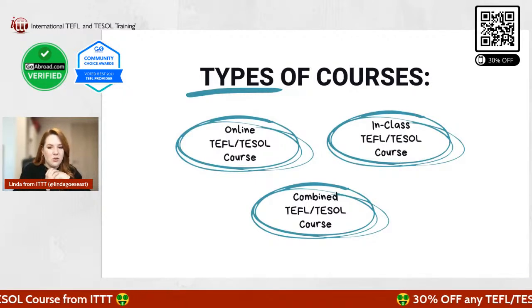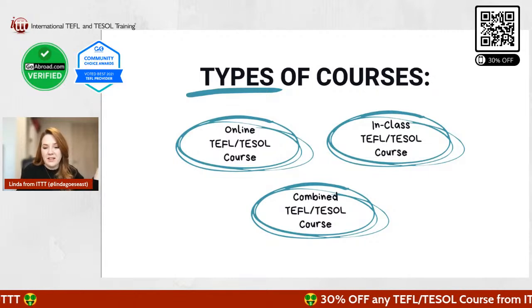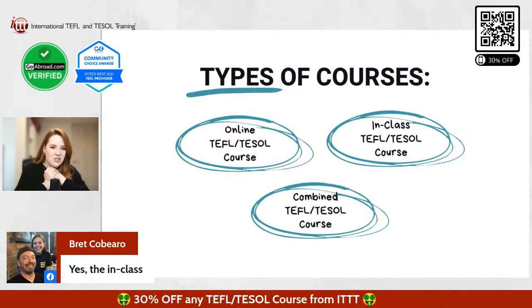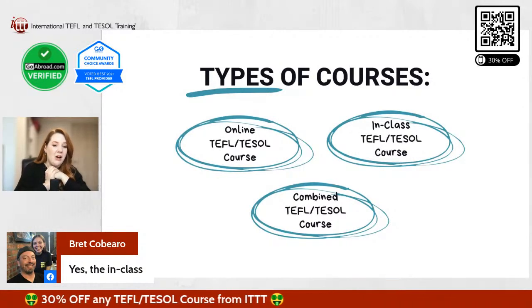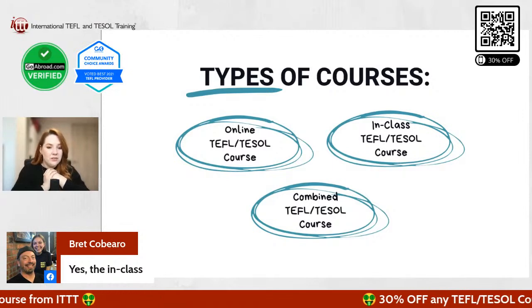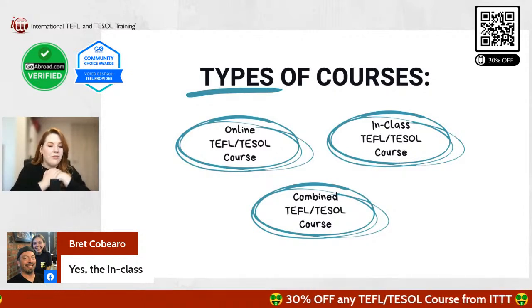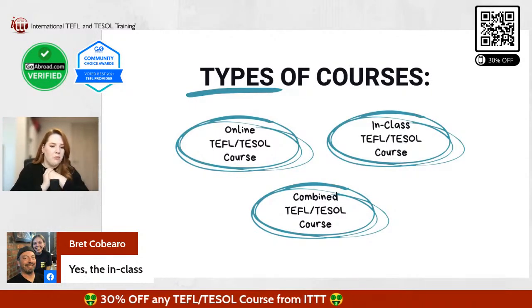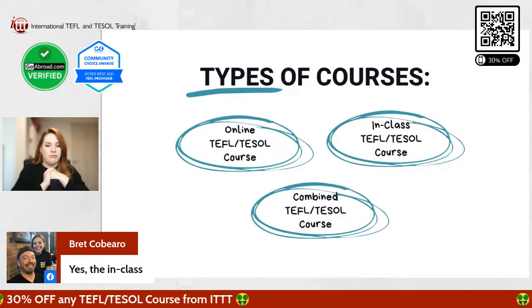The in-class course, and luckily today we have Brett here, who took the in-class course in Rome last summer. So how that works is it is 4 weeks at a center in one of our in-class centers around the world. We have Rome, for example, where Brett was. We also have Seoul.